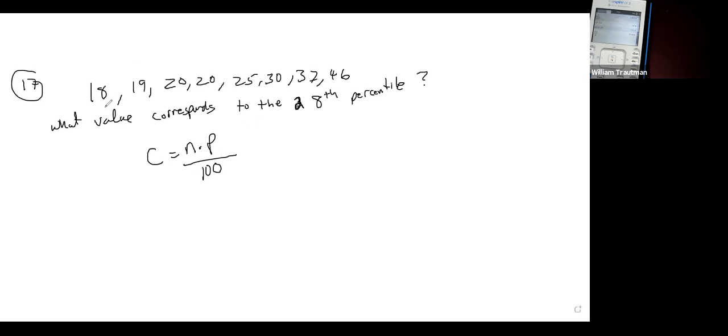N is the number of items we have, I believe: 1, 2, 3, 4, 5, 6, 7, 8. The percentile is 28, the 28th percentile. P is the percentile divided by 100.